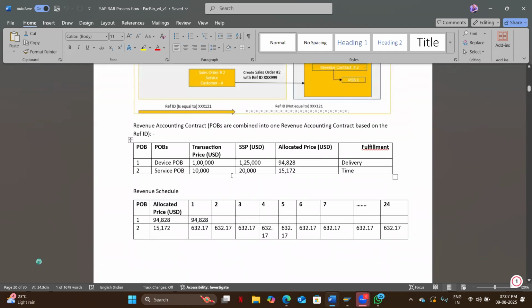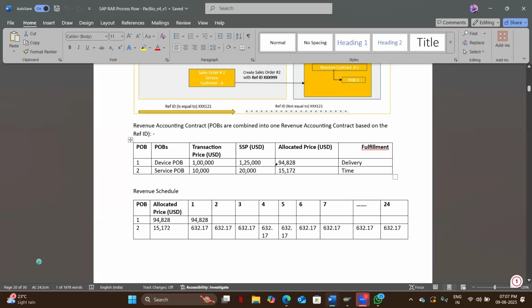So for now, in this scenario, we have two materials. One is a device, one is a service, and the transaction price is 1 lakh, and the SSP price is 125, and allocation. How to calculate the allocation?